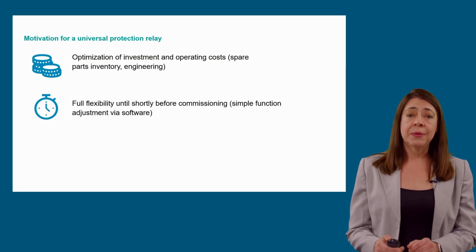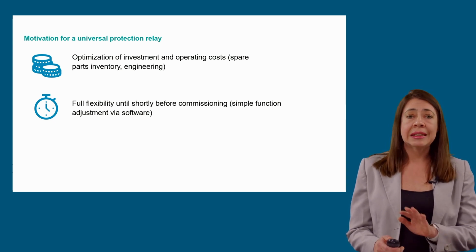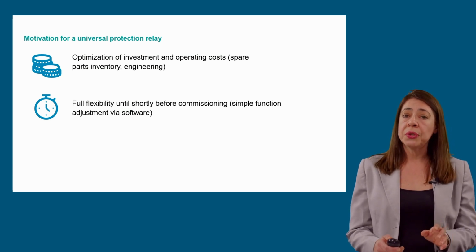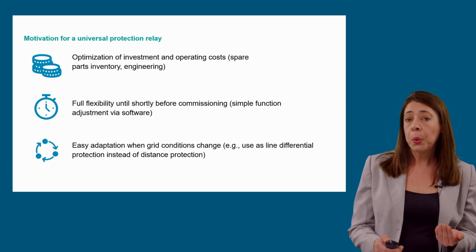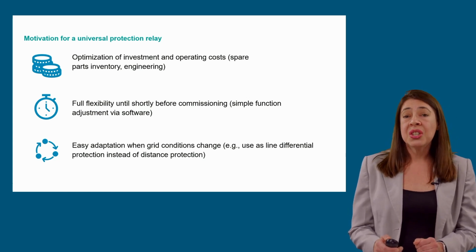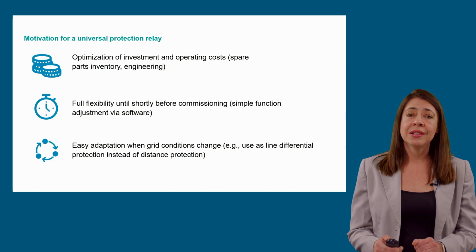To enhance the flexibility of the product to allow you to react promptly at any time, either when building a new substation or even afterwards when the system gets modified, much likely to happen nowadays due to the distributed generation and prosumer integration.